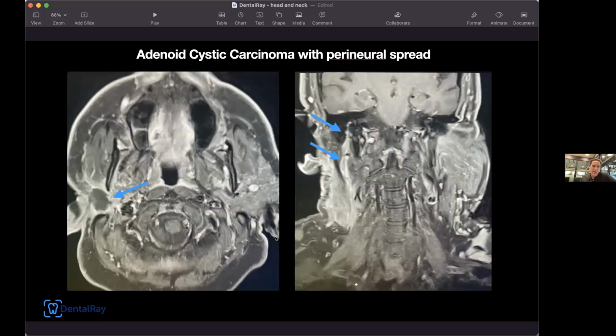Here's an MRI. We're looking at an axial plane, again with the nose up towards the top of the screen, and then this is a coronal plane where the patient is facing towards you. This is the same patient, and they have had a partial resection of this parotid lesion, but you can see what is called enhancement, where it's taken up some of the dye that was in the vein.